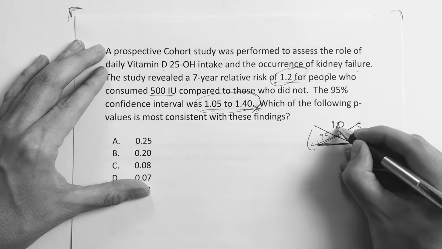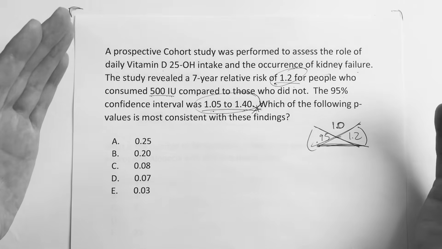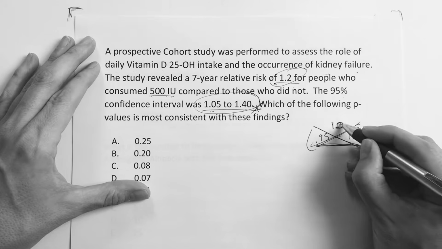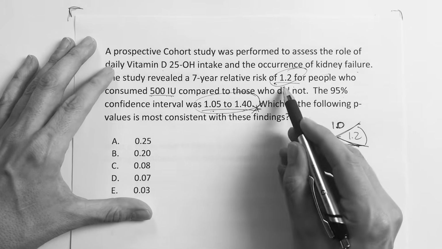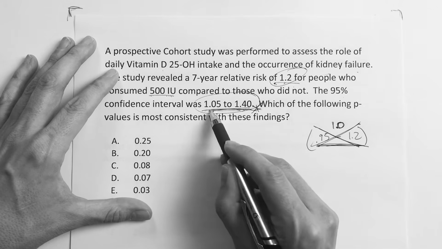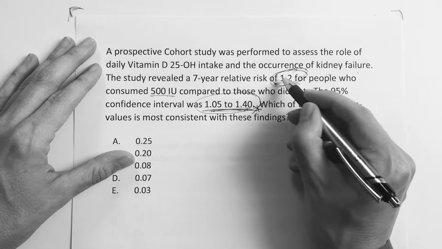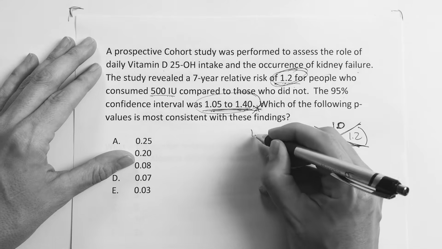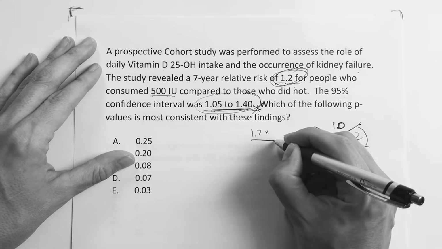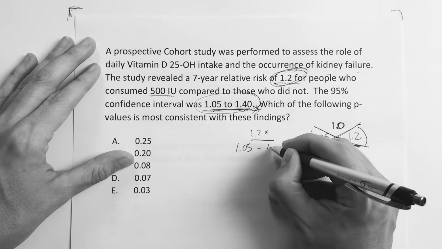There was no difference between exposure and non-exposure on the results. So just the fact that my confidence interval stays above that, then I know, hey, this is a good study. It's got a relative risk of 1.2, meaning it's a 1.2 times greater chance, and my confidence interval looks good.